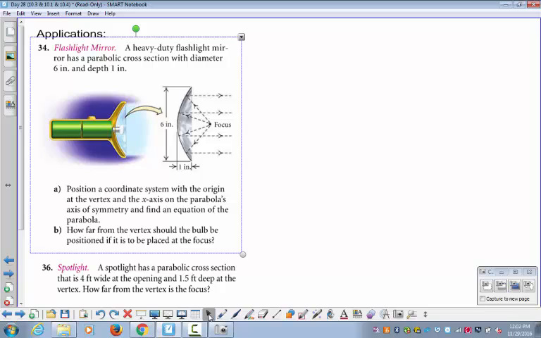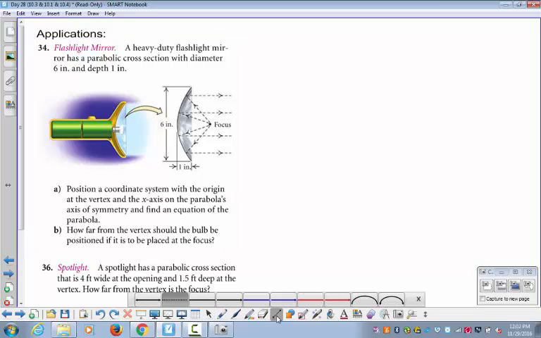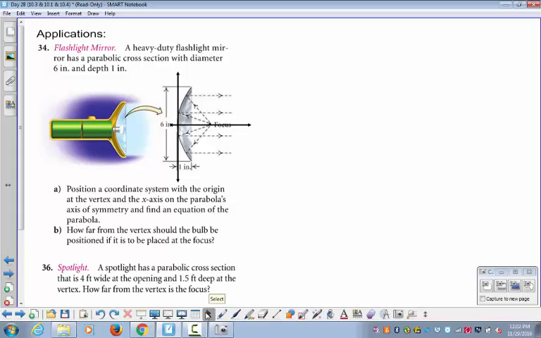All right. Part A simply says put in a coordinate system. So we're going to put in a coordinate system, like that. The vertex is at the origin. So what should our standard form be for this parabola?